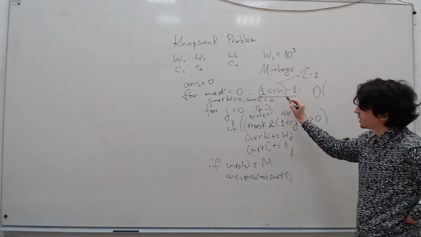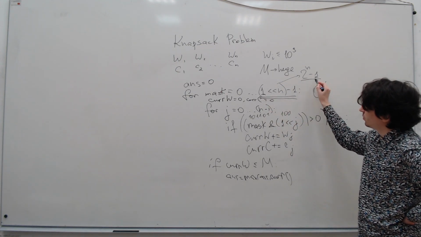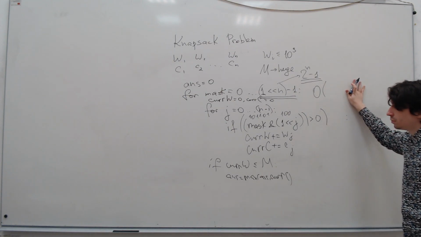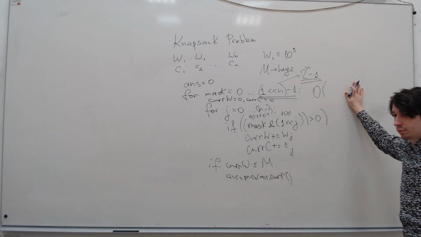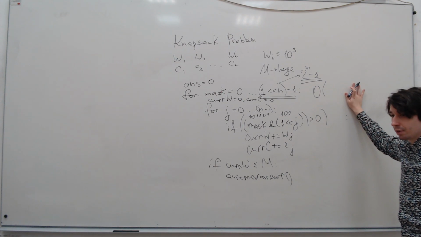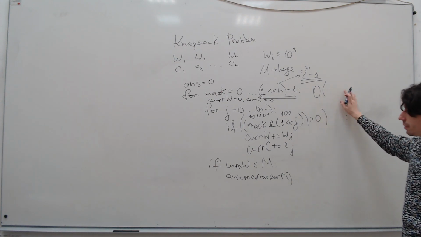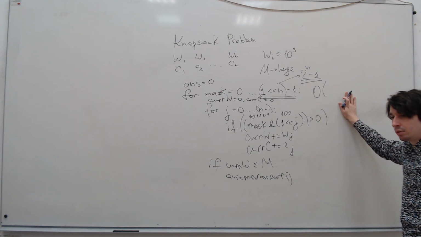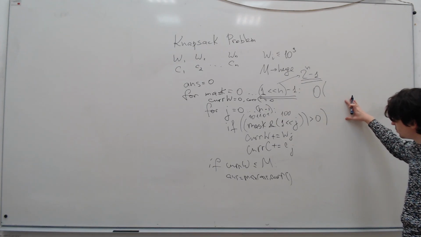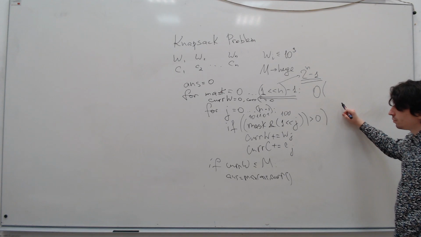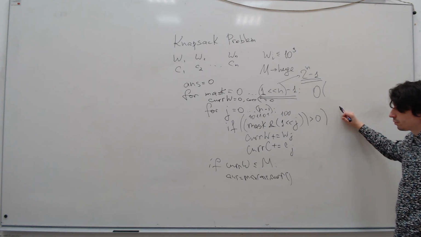The outer cycle is 2 to the power of n, and the inner cycle is n.